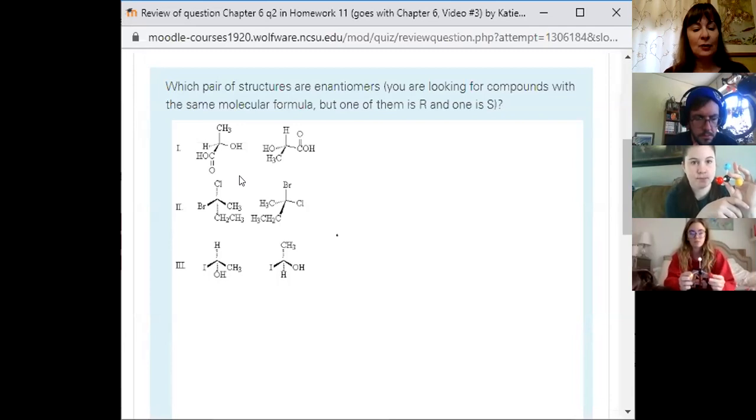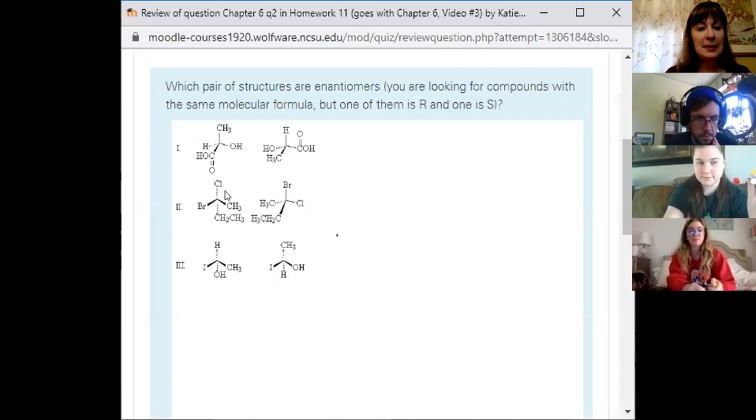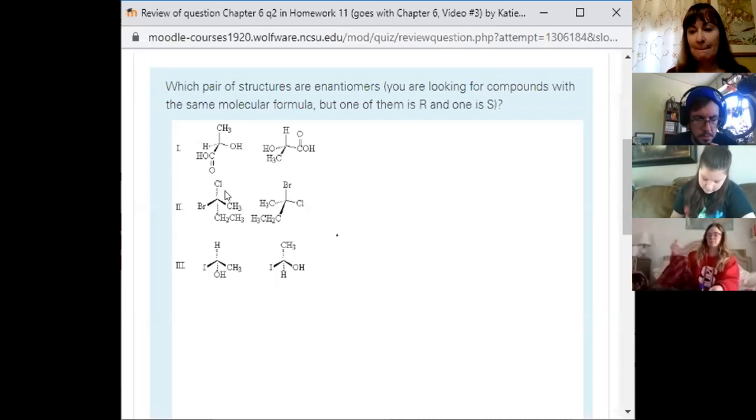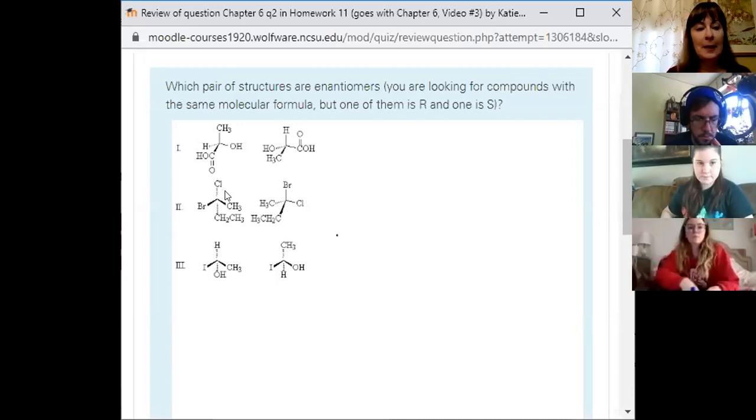If that's the case, now you can turn your model and you can figure out whether, when you go from blue to red to yellow, you're going to the right or to the left. Which one are you going to? To the left. So that means this one here is the S enantiomer of that compound. Got it? Right. Okay.